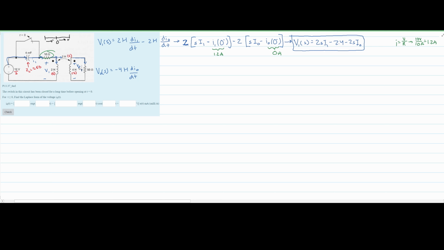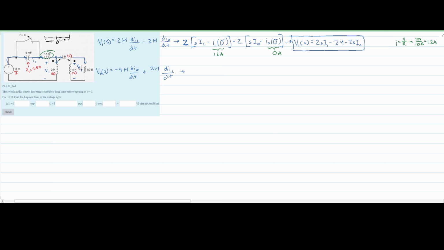And then we are going to have a plus because of the way the current's flowing into the dot convention. And then we're going to have our 2H, and it's 2H not from this, but from this part right there. So 2H times our dI1, because this is the mutual inductance, this is coming from the left side up here, and it's going to be over dt.